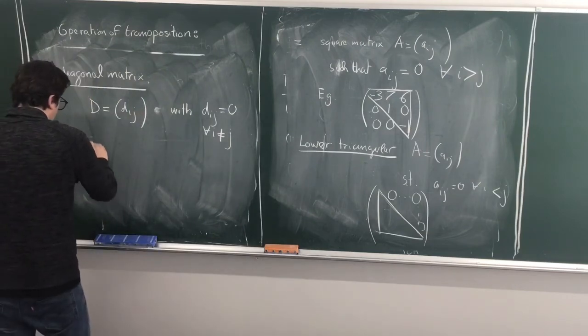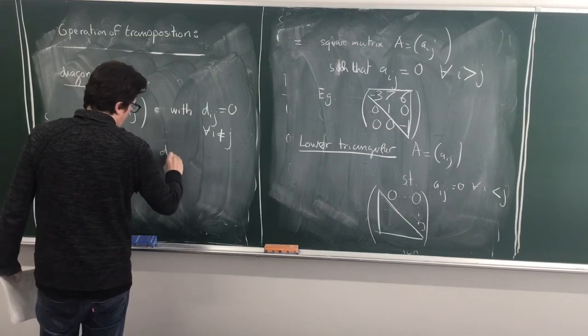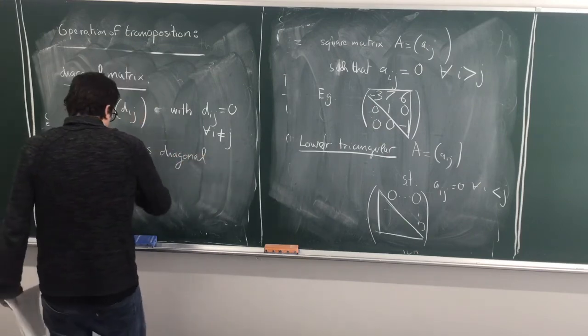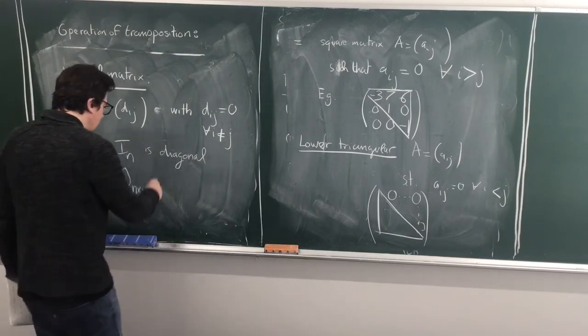For example, any identity matrix is diagonal. Also, the zero matrix n times n is also diagonal.